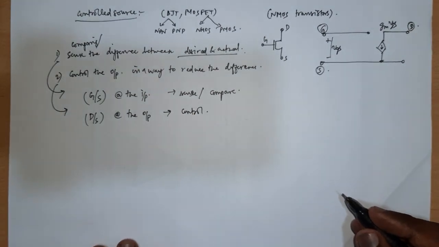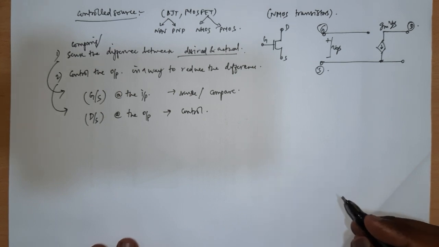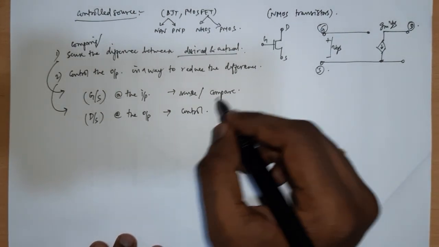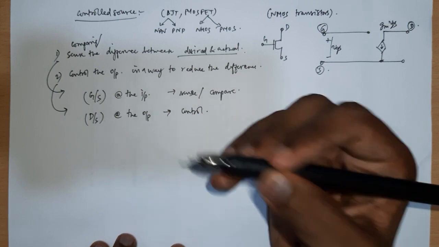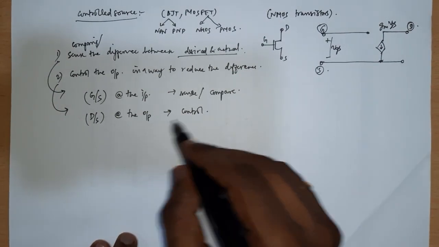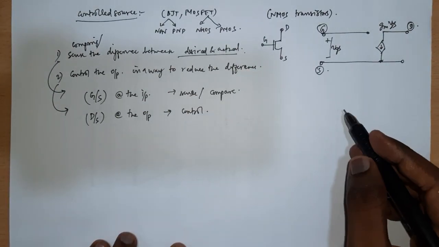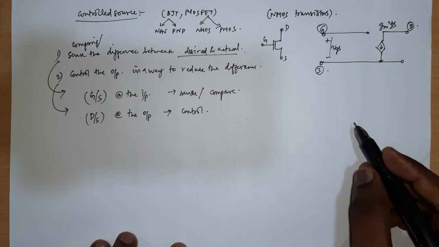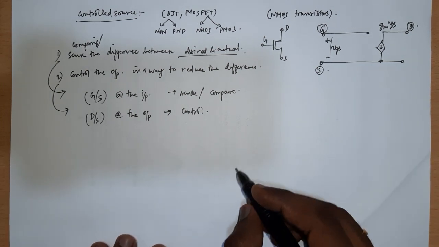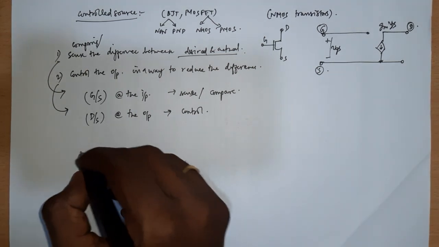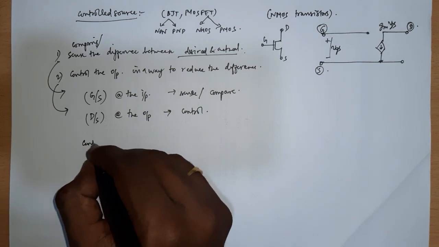With this idea of sensing the difference at the input side and controlling things at the output side, you are going to construct control sources.